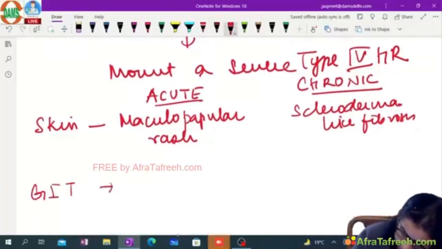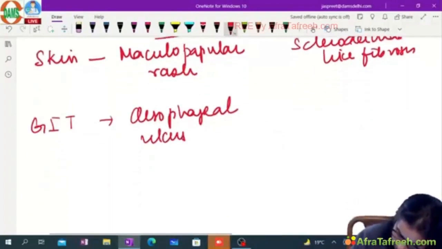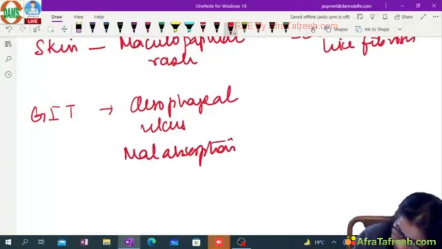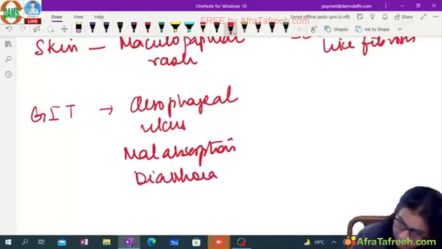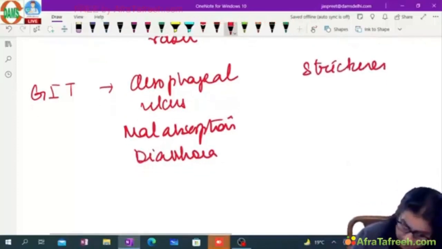Second, in the GI tract, they develop esophageal ulcers, malabsorption, and diarrhea. And when these ulcers heal, there can be strictures. Esophageal strictures can be produced.